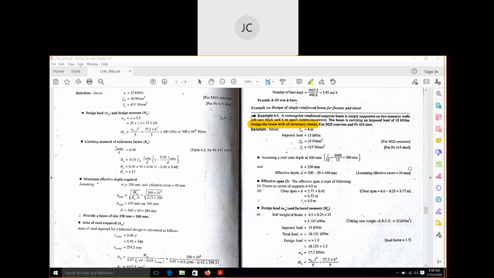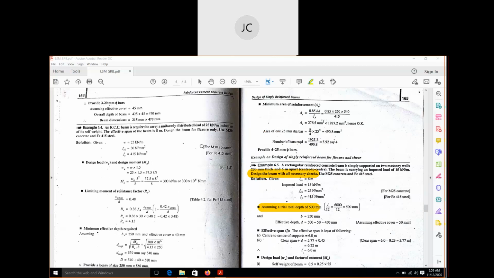Since you have the PDF with you, you can see here, assuming a trial depth of 500 millimeter, and how have they assumed it? L by 12. So L by 12 means you can see this PDF.